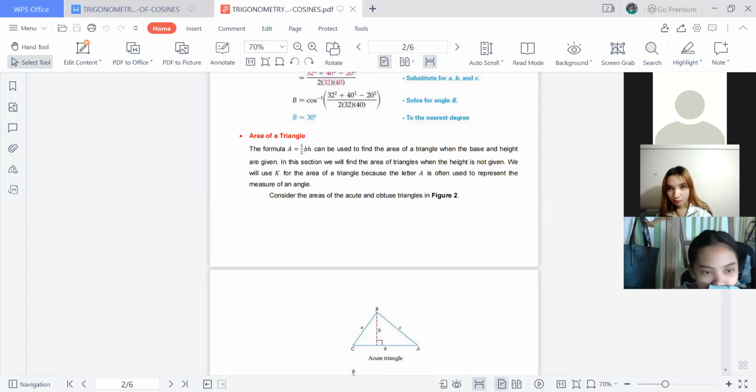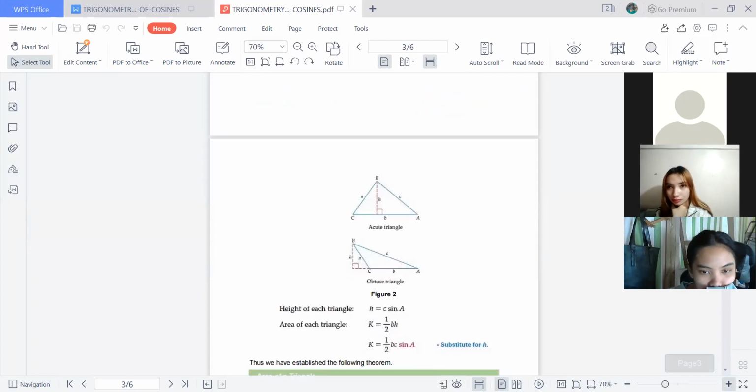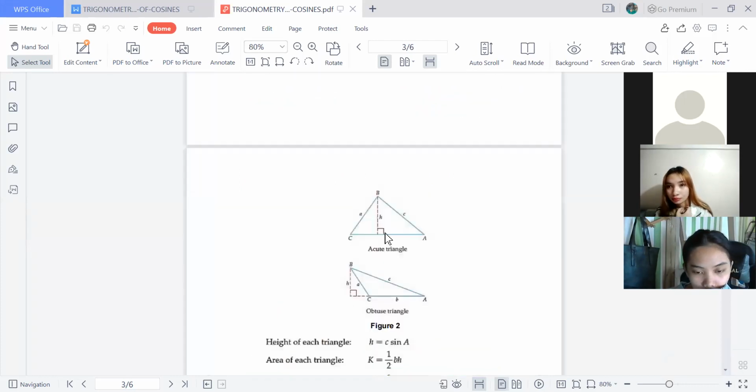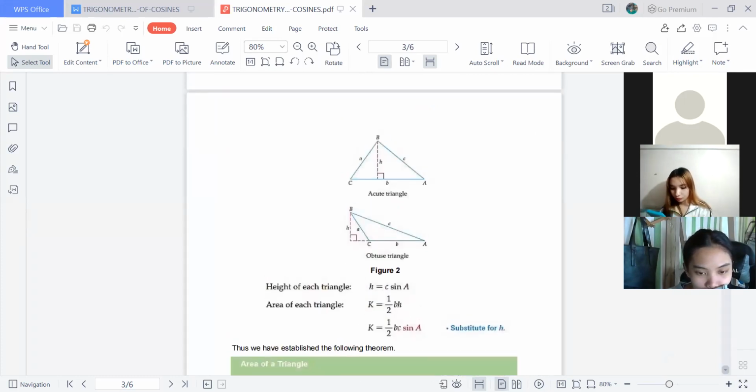Consider the areas of the acute and obtuse triangles in figure 2. Given this figure, the acute triangle, and the second one is for obtuse, the height of each triangle, we will have h is equal to c sine A. c sine A for the height of each triangle.